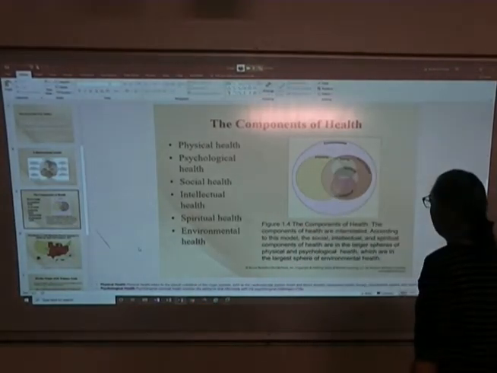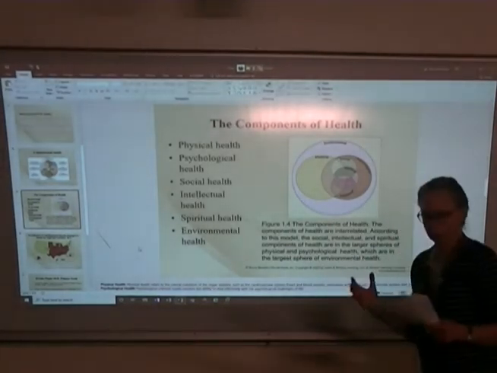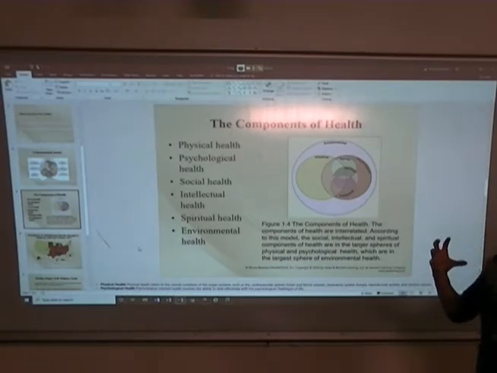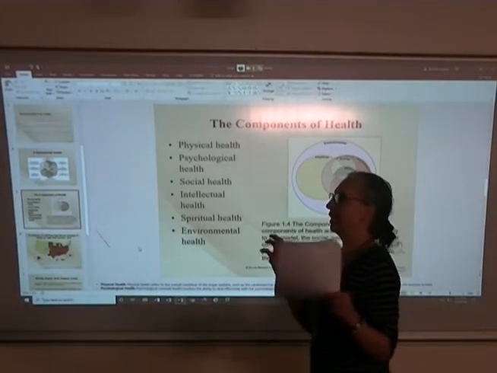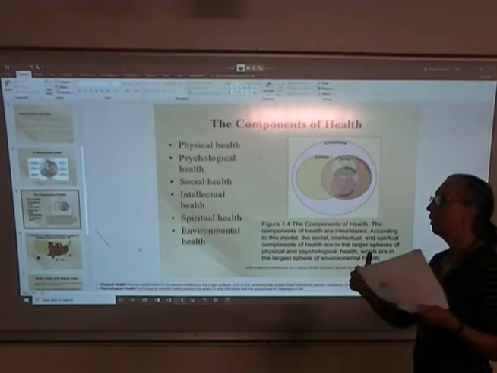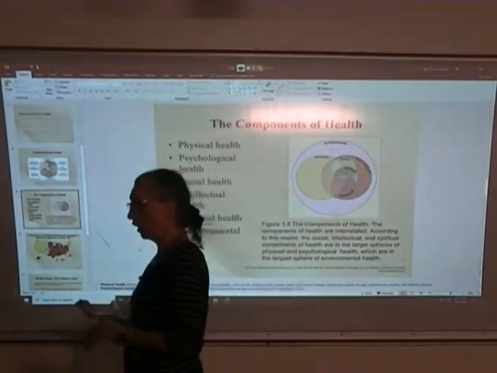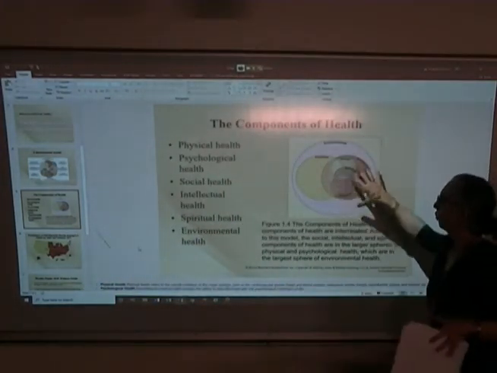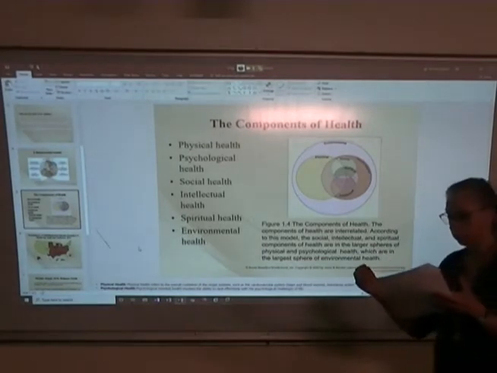So what they're suggesting is that environmental health impacts your wellness more than anything else, that the conditions someone lives in and has to work in have an overarching impact on all the other domains of wellness.